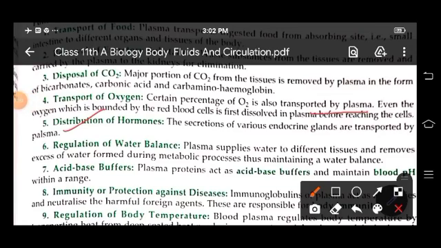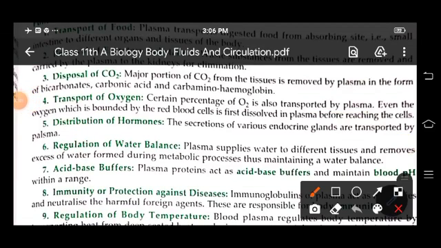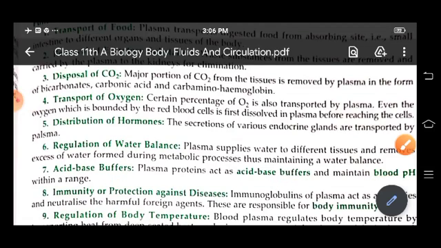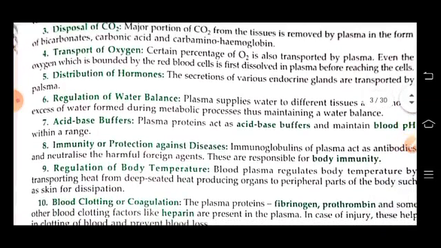It regulates the water balance in the body, and it also acts as an acid-base buffer and maintains the blood pH within the range. It also helps in protecting the body against diseases.